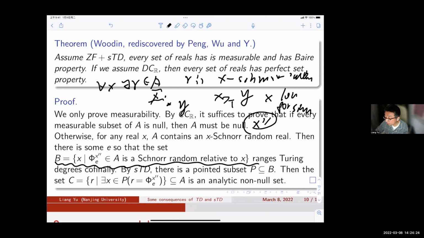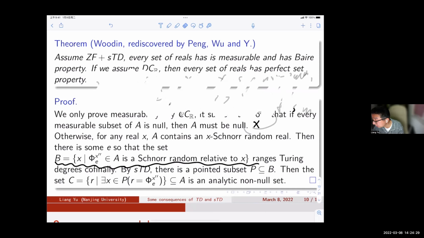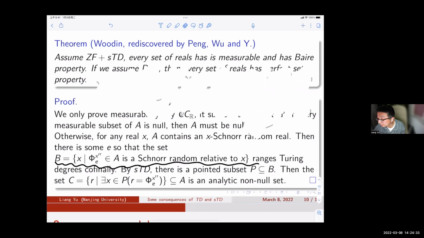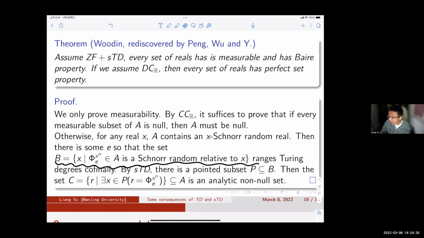Now we need sTD. This time we need sTD because we need some structure property. So this set ranges over Turing degrees cofinally.